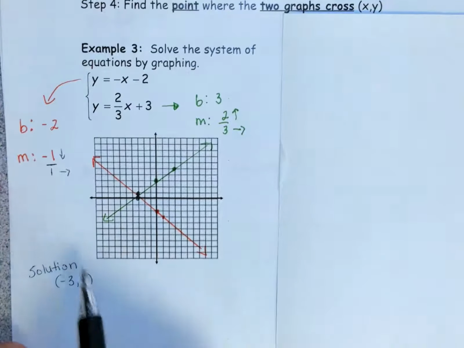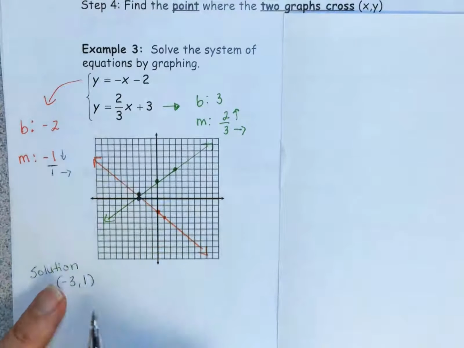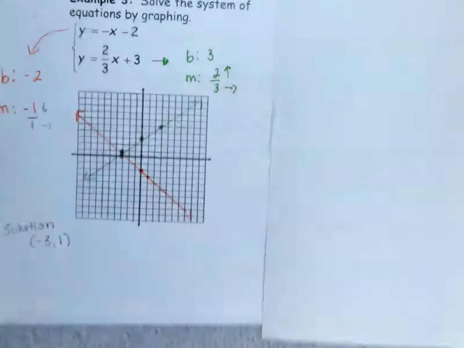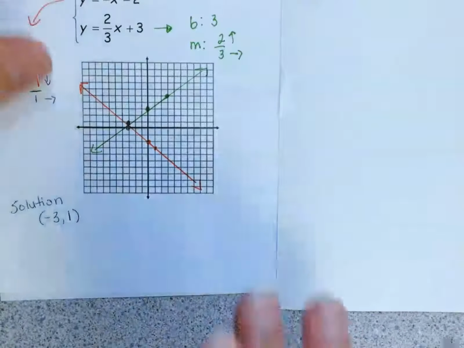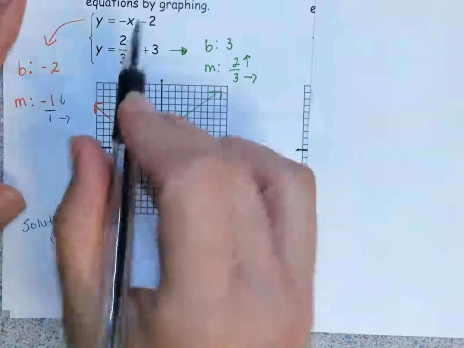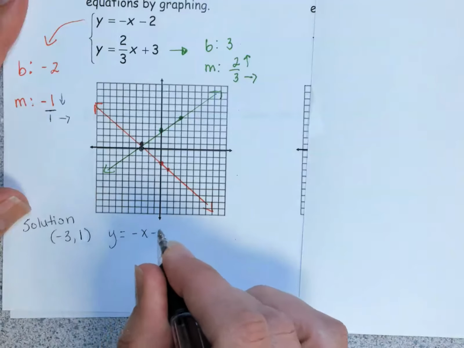What this solution means is that if I plug this solution, an x and y value, into these two equations, they will equal each other. I'm only going to do this once to show you guys. I'm going to take this first equation, y equals negative x minus 2.